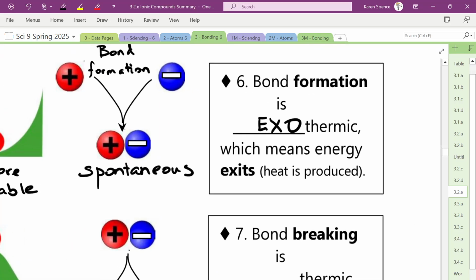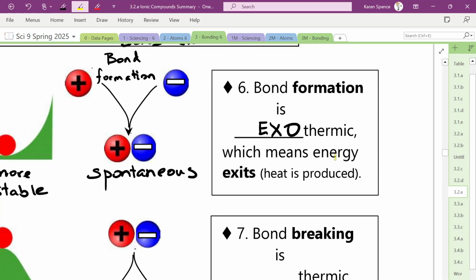Now, what the heck? Thermic. Are you familiar with the word thermal? Thermal meaning kind of like heat. So we have heat and we have exo, which means the energy exits. So the energy is coming out of the system as heat. So bond formation is exothermic.